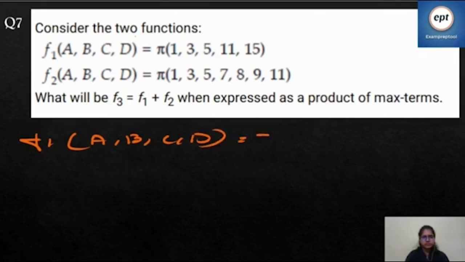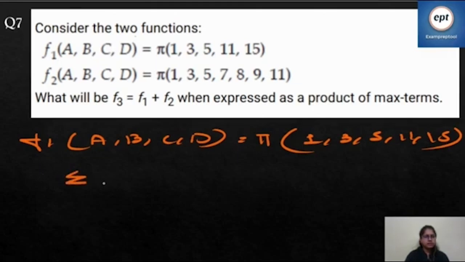The expression they have given us is 1, 3, 5, 11 and 15. Now you have to convert this into min terms, and then find the max terms out of this, the product of max terms. So these are the max terms. What will be the min terms here?